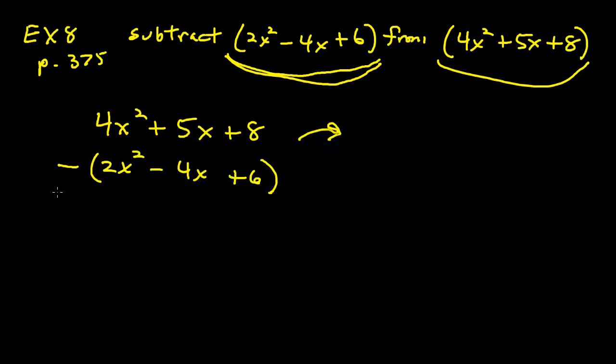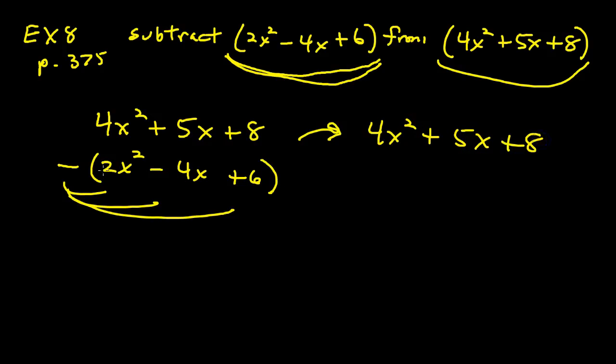Of course, what I'm going to do is distribute that negative sign through that second polynomial, and I'll see that all my like terms are landed in columns. I'll have 4x squared plus 5x plus 8. Downstairs, I'll get minus 2x squared, minus 4x is plus 4x, and minus plus 6 is minus 6.